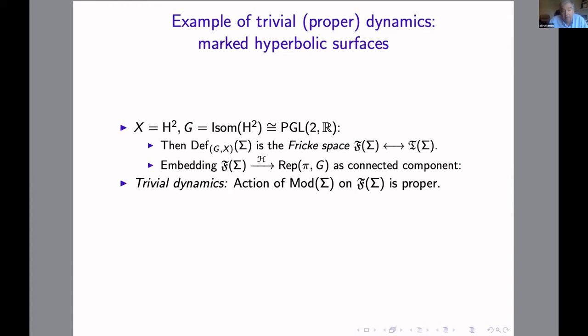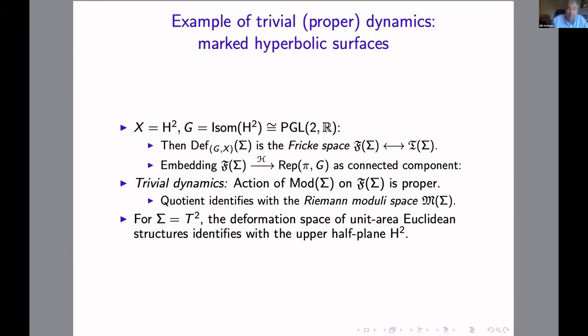Going back to work, I think maybe André Weil should be credited for knowing that the space of hyperbolic structures embeds as an open subset in the space of equivalence classes of representations, and the dynamical system is, as I mentioned before, proper, and the quotient identifies with the Riemann moduli space.